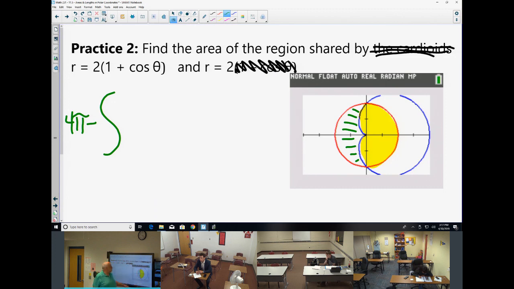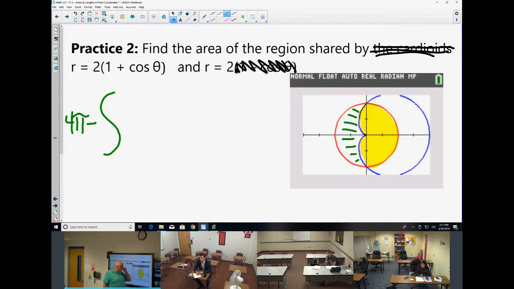See, in quadrant 1, from 0 to pi halves, I would be getting this area out here. I don't want that. I don't need this area. Because of the way I'm doing it, I just want this over here.